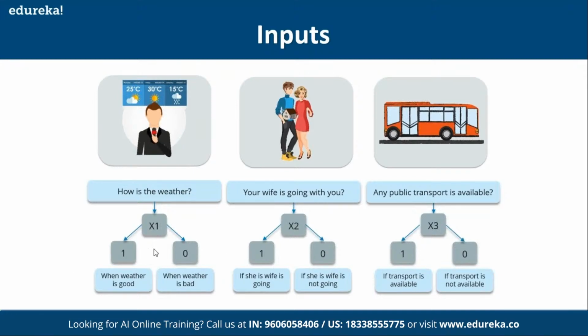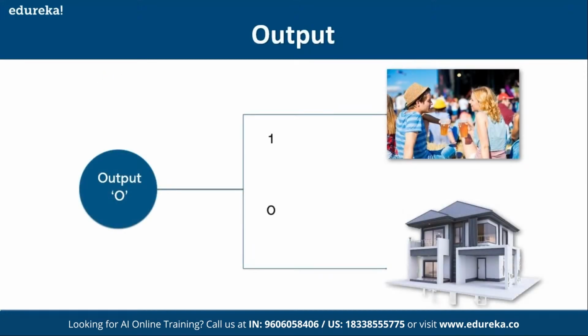For all the options, you have a value assigned to it. Now, based on this, if the value adds up to 1, you are going to the beer festival. If the value adds up to 0, you sit back home, enjoy Netflix. Right? So this is your output.